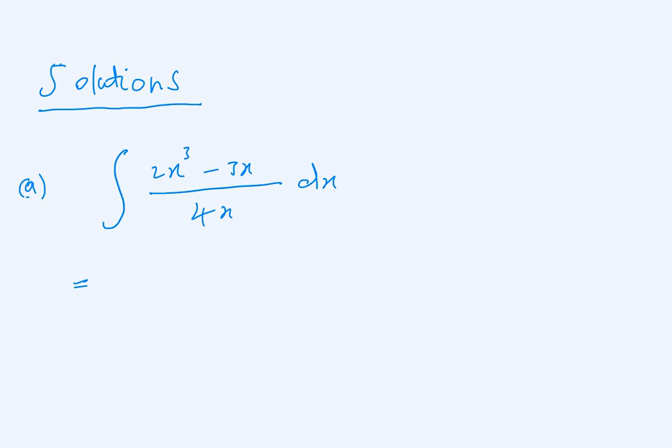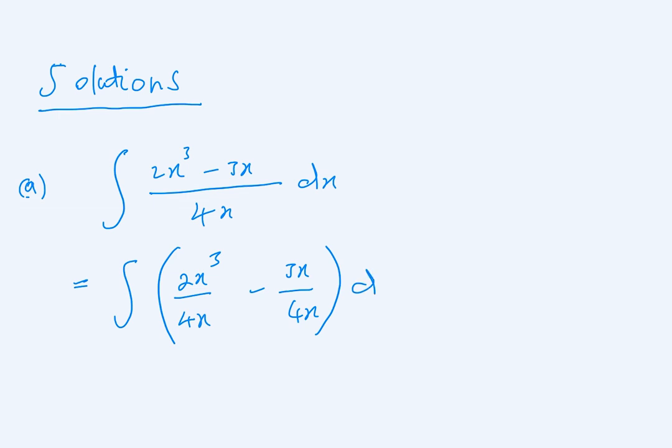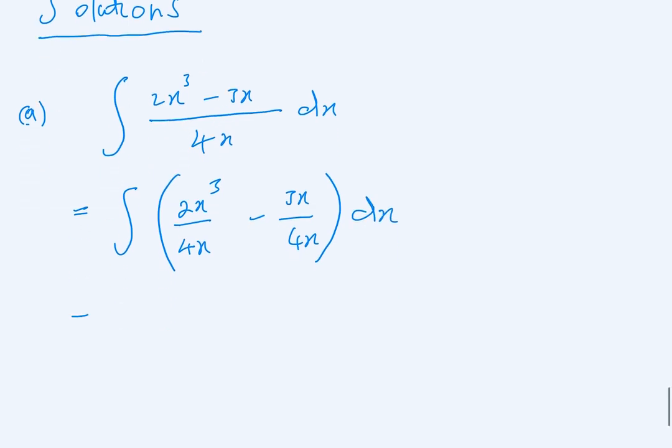You divide 4x into each term there, meaning you will have 2x cubed divided by 4x, minus 3x divided by 4x. And then you simplify what you have.